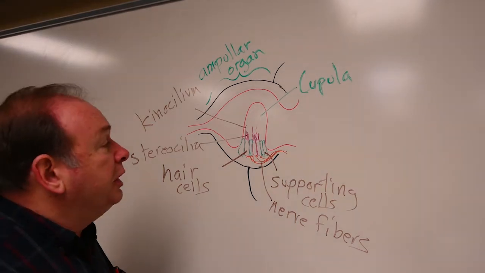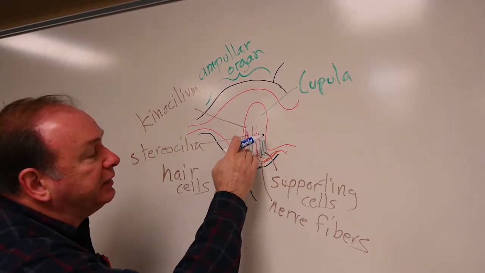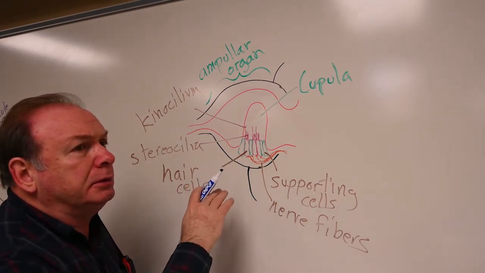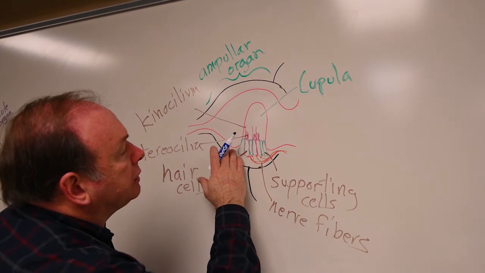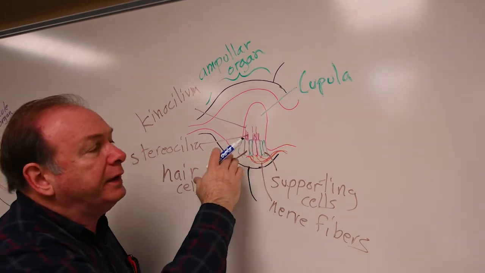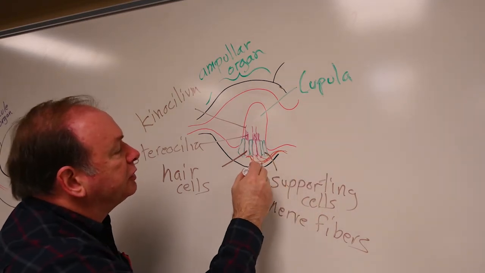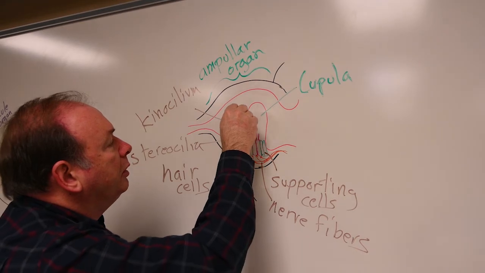I forgot to mention that in this ampular structure, the specific part that is responsible for the conversion of the physical signal to the neural signal, all of this structure here, let me put a dotted line around it here in blue.